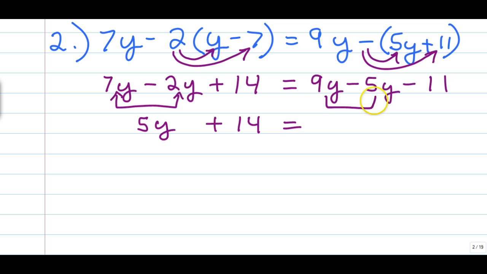On the right side, we see we have a 9y minus 5y. 9 minus 5 leaves us with 4y minus 11. Next, we want to move one of our terms.